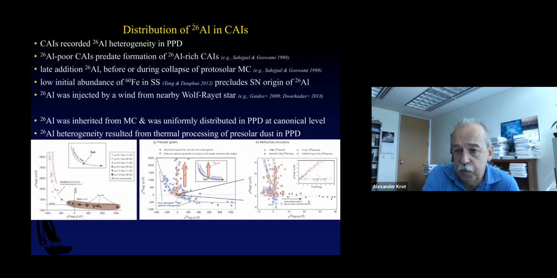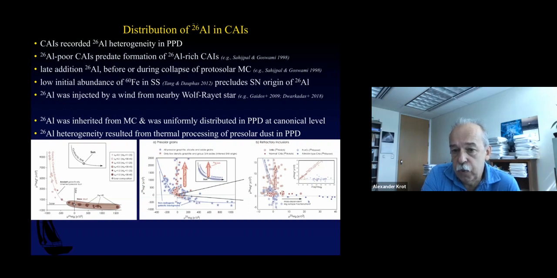So both types of dust lack aluminum-26, and freshly synthesized dust contributed aluminum-26. So if you mix these three components and homogenize, the distribution of aluminum-26 will be uniform. But if you somehow preferentially destroy one of the components, you can produce heterogeneity. So they call this process unmixing.